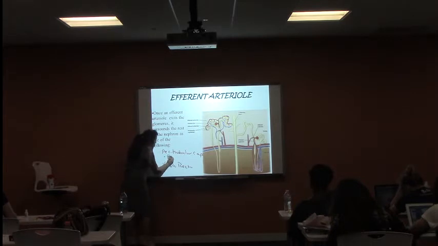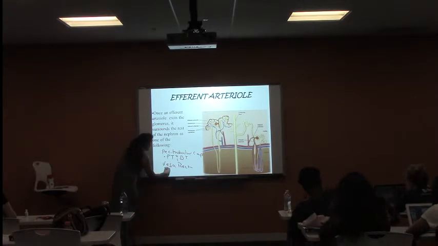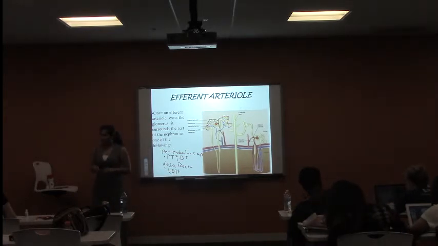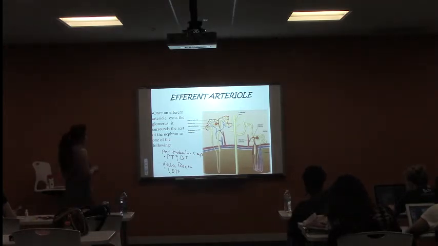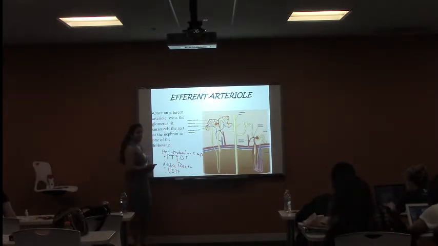So proximal tubule and distal tubule, therefore, those capillaries are called peritubular capillaries. If it surrounds the loop of Henle, it's called the vasa recta. Okay? Make sense?